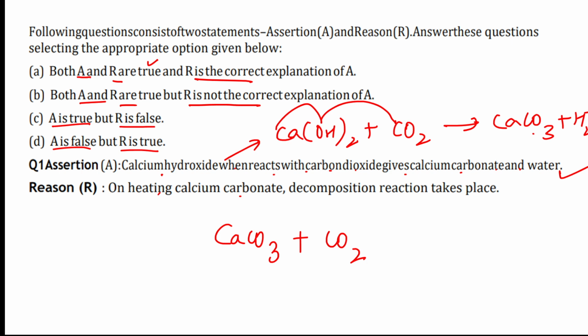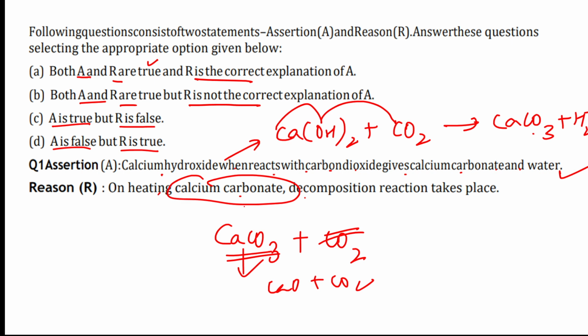Is it the correct explanation for that? Further, can it decompose? Already it has formed. It will further form calcium oxide plus carbon dioxide when you heat it further. But is it a decomposition reaction? Yes, it is, when you further heat it.